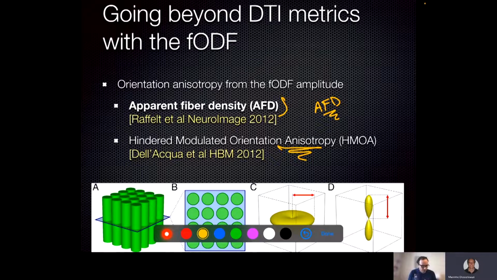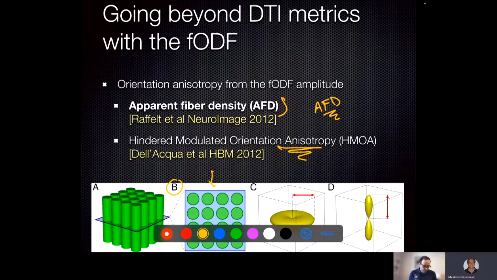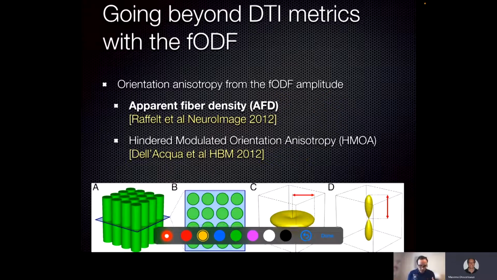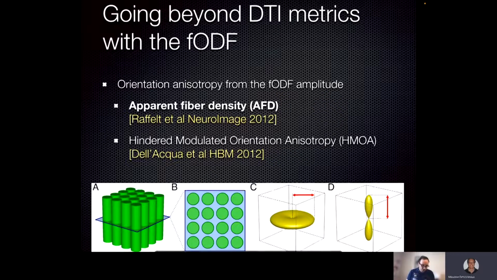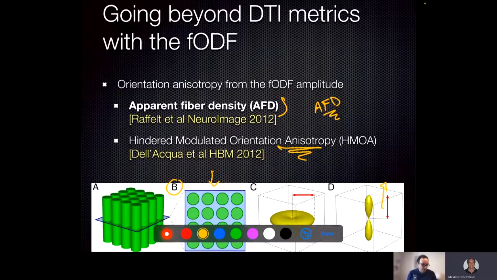So the apparent fiber density: the idea here is just the more green cylinders you have, the higher the surface area in B. And the higher the surface area, the bigger your donut in the fusion world. And the bigger your donut, the bigger your Funk-Radon integral in a sense, so the stronger, the more elongated this peak of the fiber ODF, this fixel.